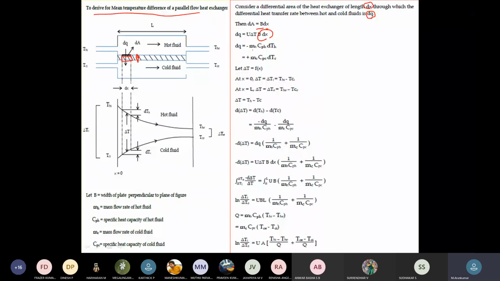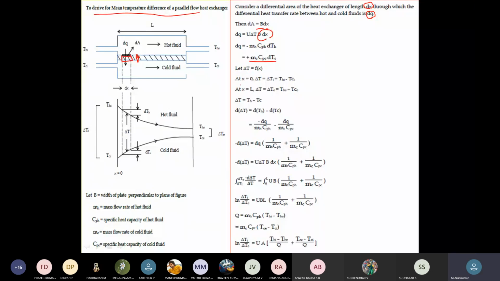This is for the hot fluid, and this is plus for the cold fluid. So delta T will be a function of x, that is, the change in temperature will be a function of x. As I said earlier, based on the length, the temperature will vary, right? So delta T will be a function of x, or function of length. So x here is length, right?